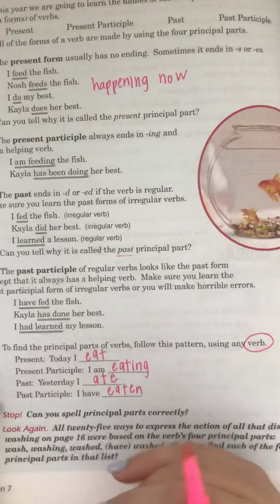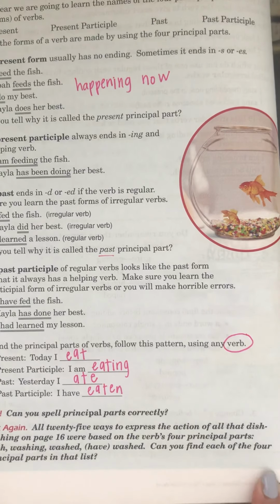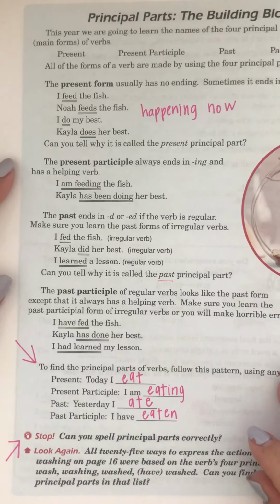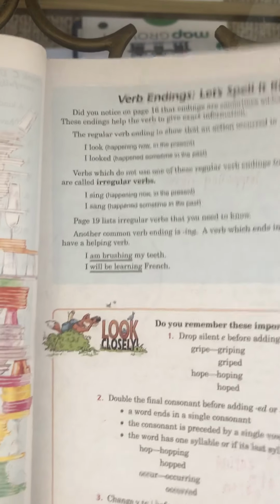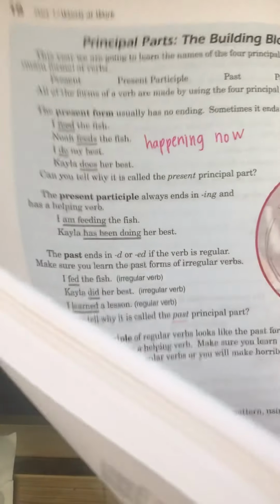And if you want, you can actually just put them right here. But the most important part is that you understand. So use page 16 and then use page 18. Take a peek back at page 17 if needed, because we're going to use this for page 19, 20, and a little bit next week.